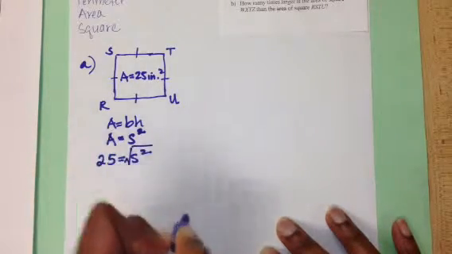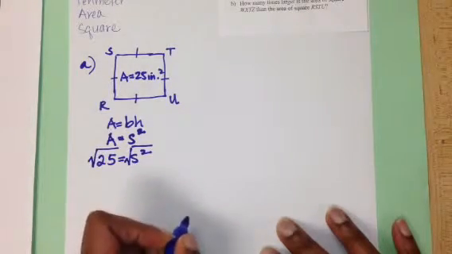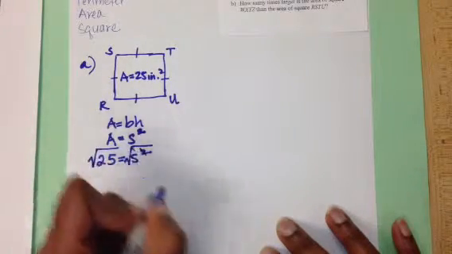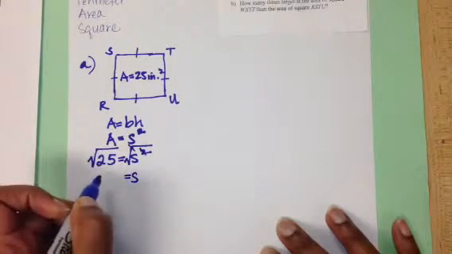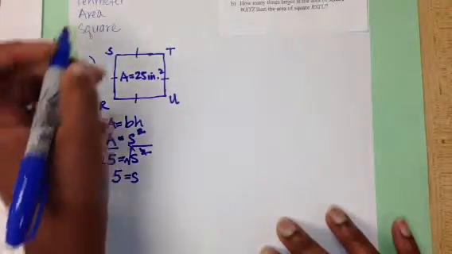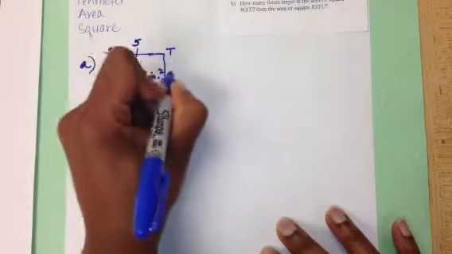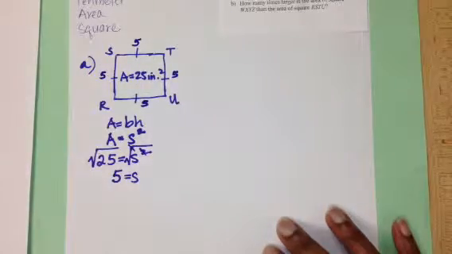If I take the square root on this side, I have to take the square root on this side as well. The square root cancels out the square, so we're left with S. The square root of 25 is 5. So the side of my square is 5.